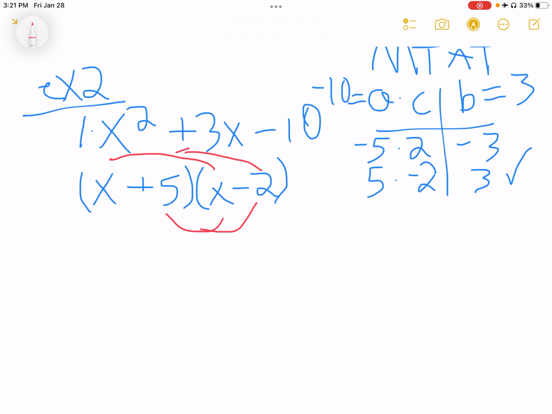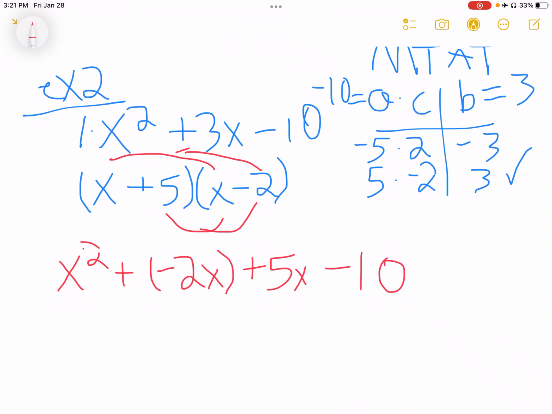Okay, so if we wrote that out, this first one we'd have x squared, plus, or I guess you could say minus, 2x, then you have plus 5x, and then you have minus 10. Right, following what I wrote above there.